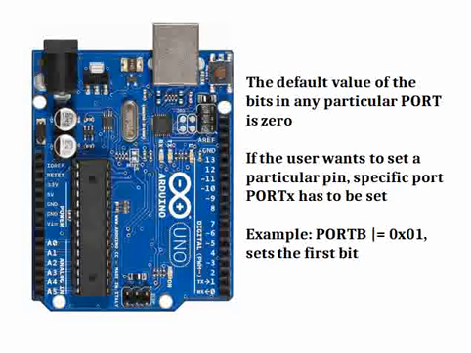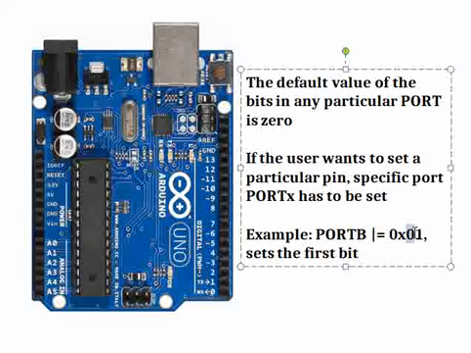Once you set the direction of the pins using the DDRx register, the next thing is you want to write to a particular pin of a port. For that, there is a register called PORTx. Again, X represents the port name here, so B, C, or D. If you see an example, we are writing PORTB equal to 0x01.